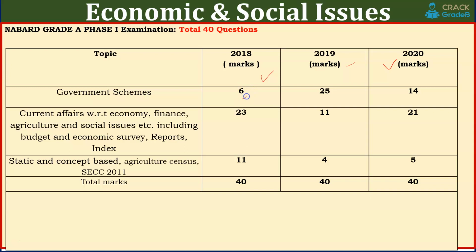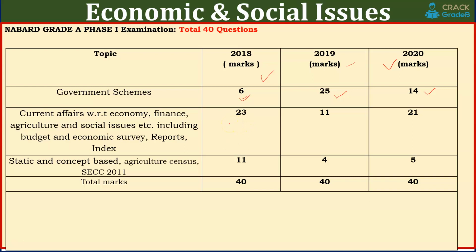6 marks were covered from government schemes in 2018, but in 2019, 25 marks from government schemes. In 2020, 14 marks from government schemes, and we talk about current affairs.